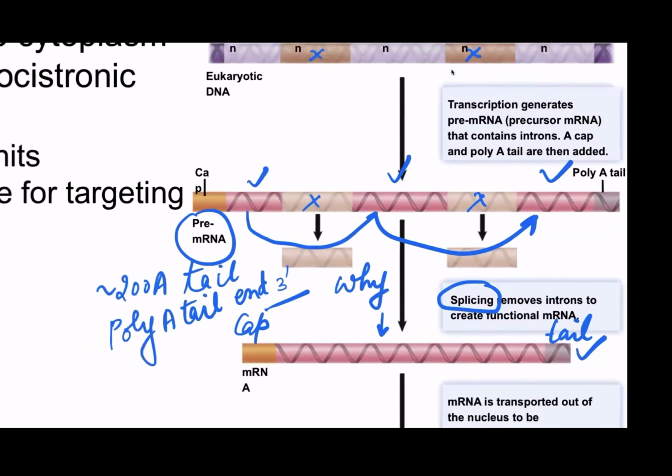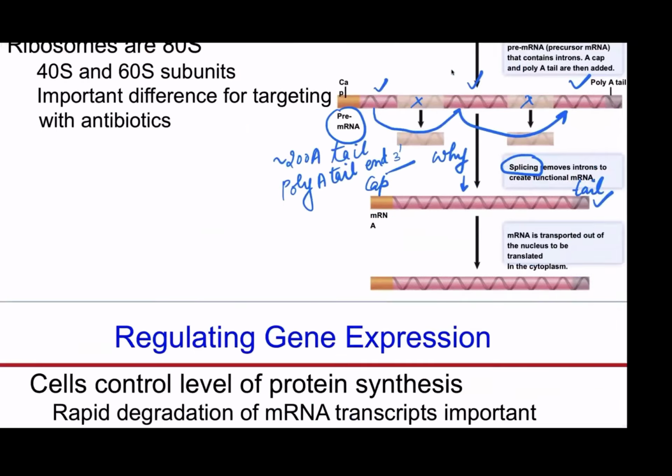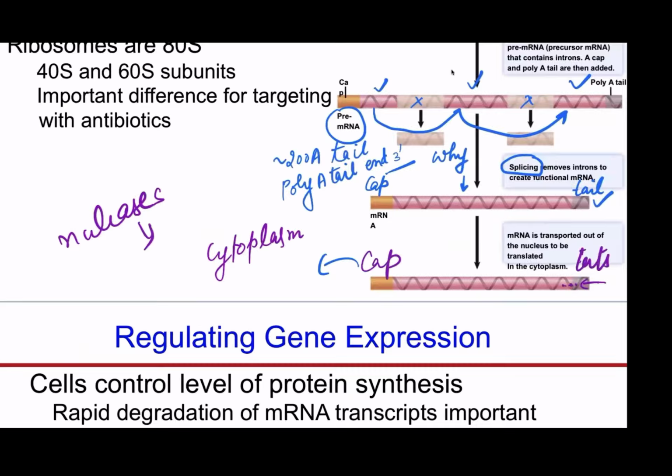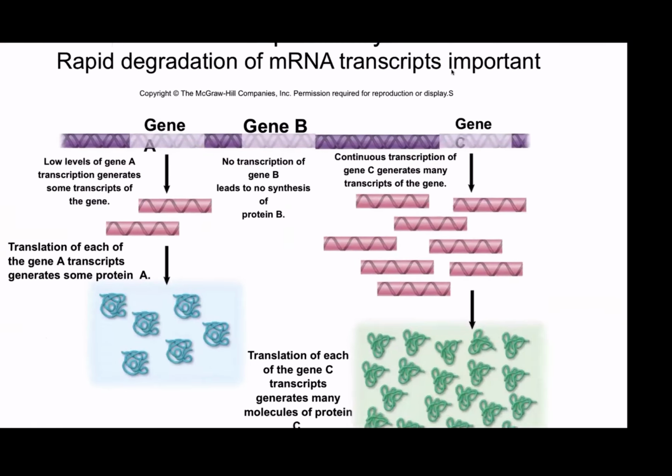It is to protect this mRNA, because it has to go out of the nucleus, and in the nucleus there are enzymes ready to eat, or you can say destroy, these nucleotides. So the cap and tail protect this mRNA and also stabilize the message in eukaryotes.